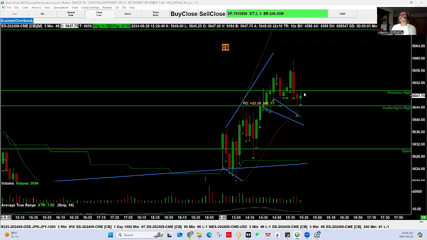1, 2, 3. If this bar can close at its high as a bull bar, it's not able to close at its high.